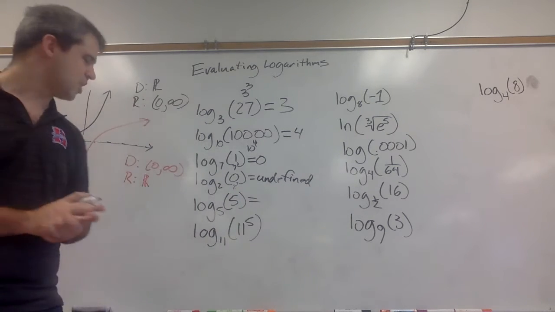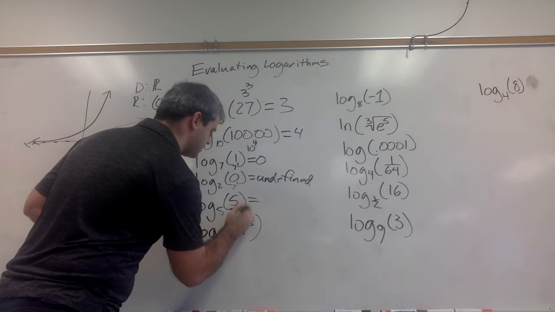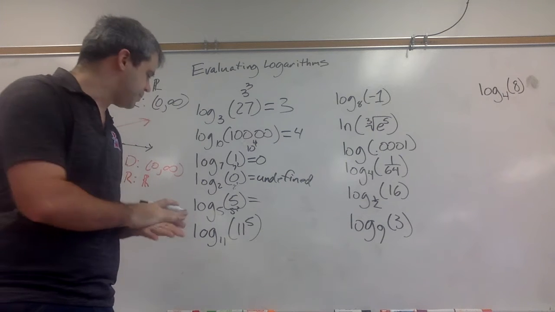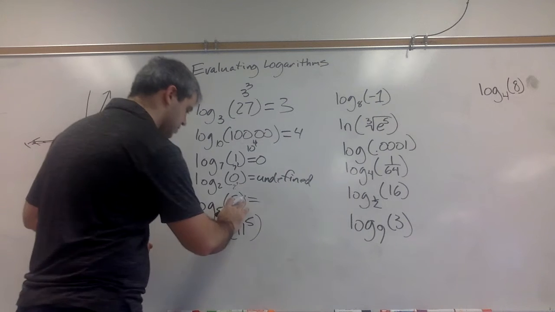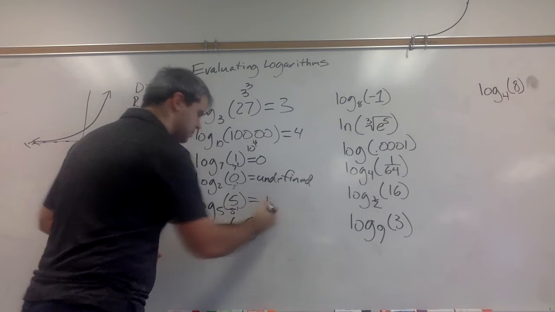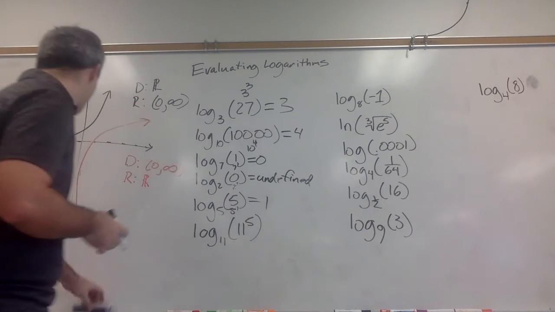All right, let's try another one. My base is 5, so I need to convert this to 5 to the something. Well, that's pretty easy. 5 to the what power is 5? It's just 1. And again, this pattern you're going to see a lot as well.